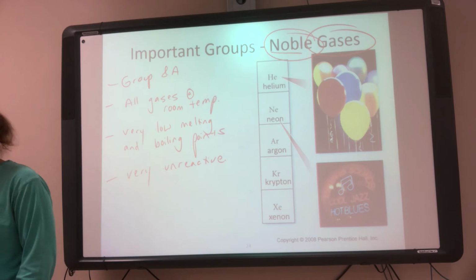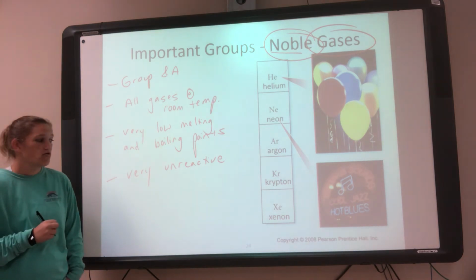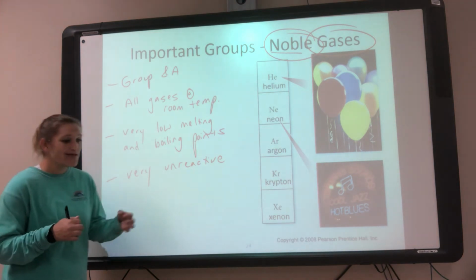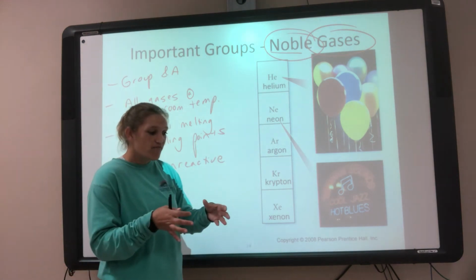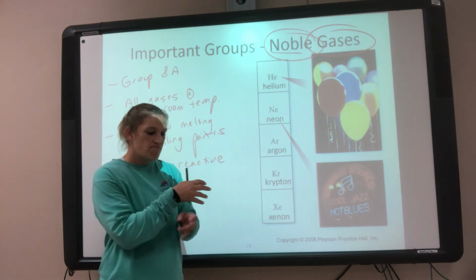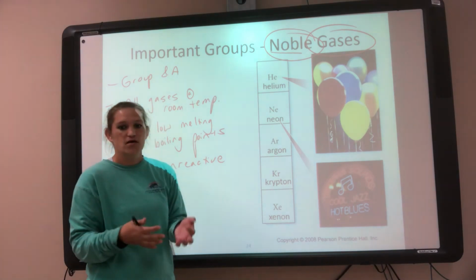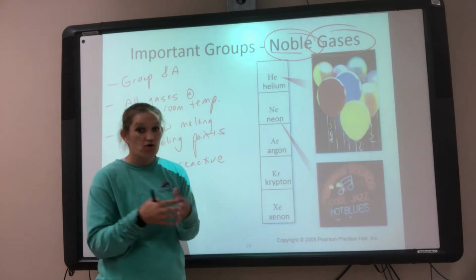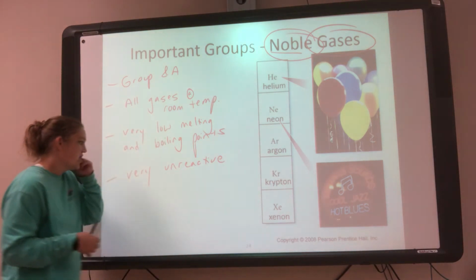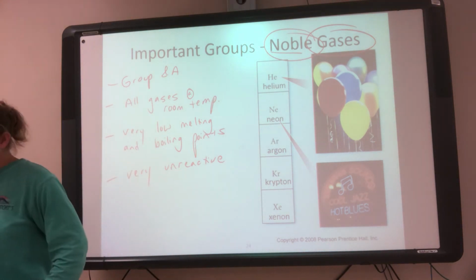They don't want to mix with anybody else. Okay? You might be able to put some of the gases of themselves together, but then they just kind of mix around. They don't even react. They just stay in the balloon or whatever together, but they don't actually react together. So these guys are very unreactive.